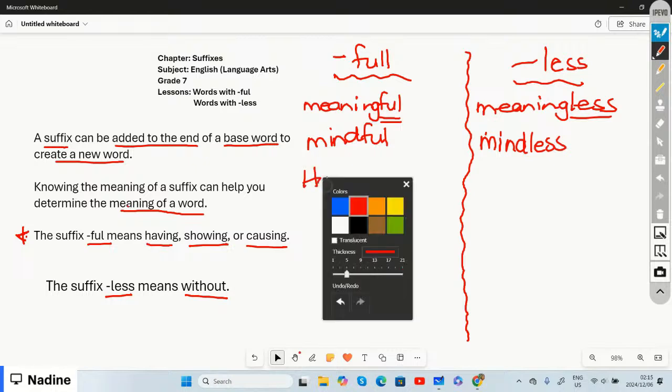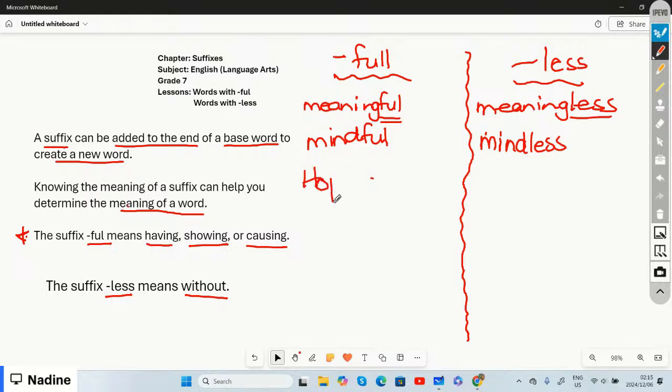Hopeful. We are hopeful that something is going to happen. We are having lots of hope that there's going to be change, or showing hope that things are going to be better. That is hopeful, for example. Hopeless, it's like, it is what it is.